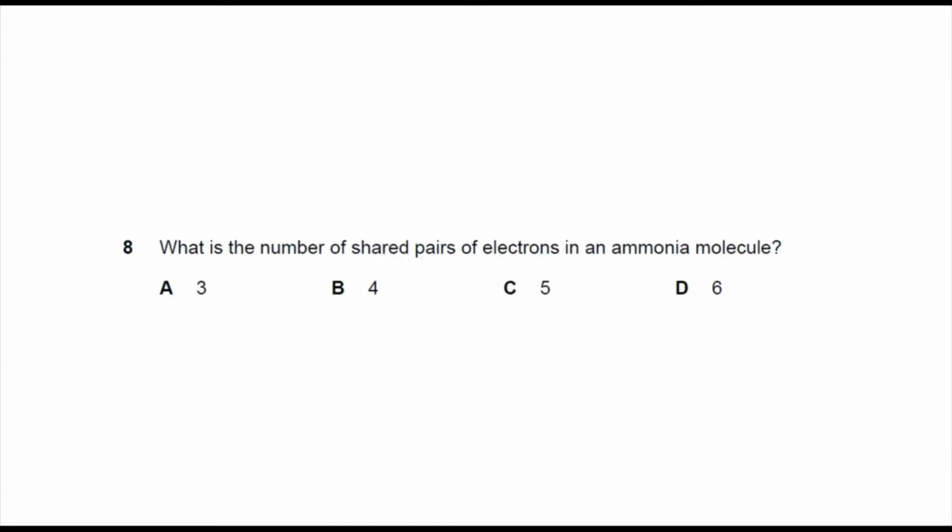Question 8. What is the number of shared pairs of electrons in an ammonia molecule? Let's make ammonia. Nitrogen, hydrogen, hydrogen, hydrogen. Nitrogen has 5 electrons. So 1, 2, 3, 4. And what we do with the fifth one is we bond it here. So two electrons bond to form a pair in nitrogen, and the remaining 3 settle down here.